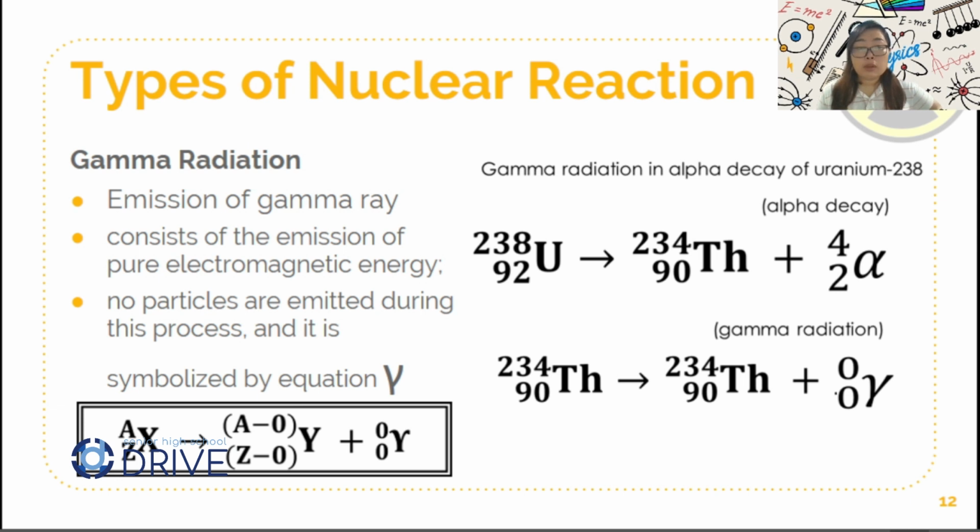Notice that there will be no change in the atomic mass and the atomic number. So your atomic mass and the atomic number stay the same if it undergoes gamma radiation. Again, it's energy that's being released, not a particle. Okay?